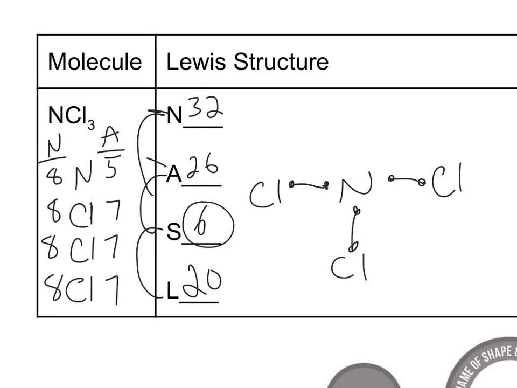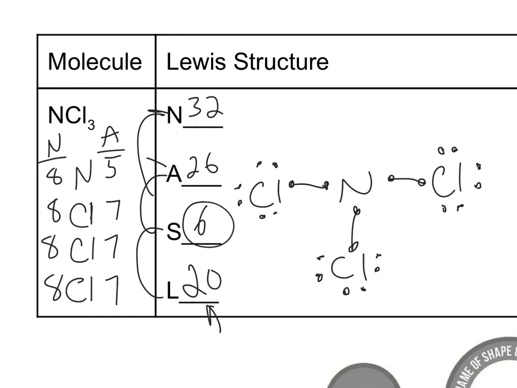So let's put those on. And we'll start on the outside. This chlorine only had 2 electrons, so it needs 6 more. There's 6 dots. And that goes the same for this one. The bond is 2, it needs 6 more. And over here, the bond is 2, it needs 6 more. Okay, so that's 6 times 3, that's 18.